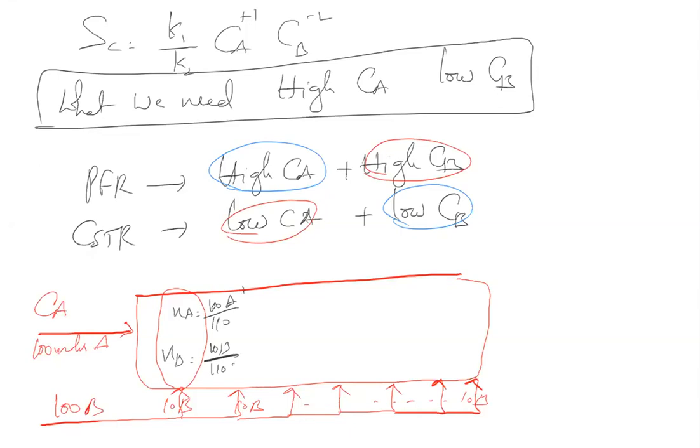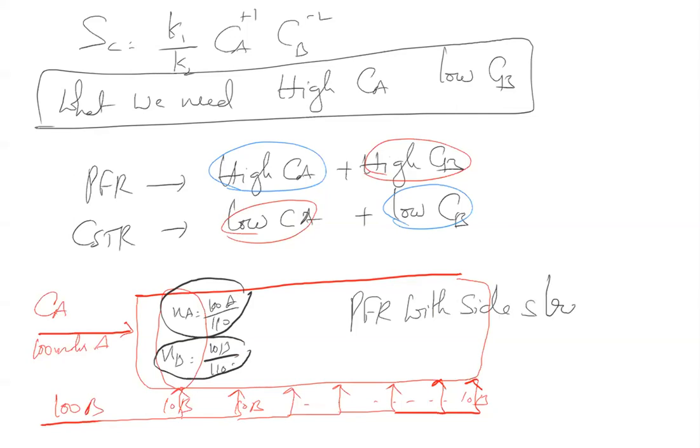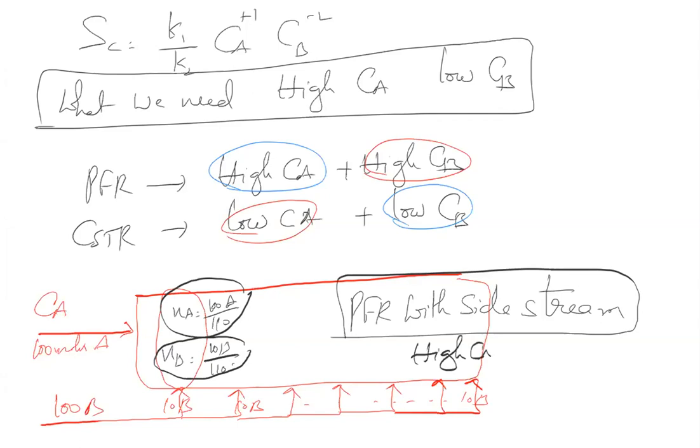That is how you maximize A and keep B low. This is what is called a PFR with side stream. So this combination gives high CA plus low CB. This is how you solve the problem. You are operating a PFR, but in a slightly different way.